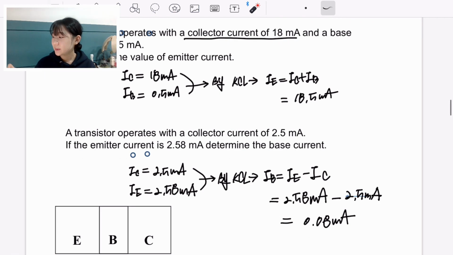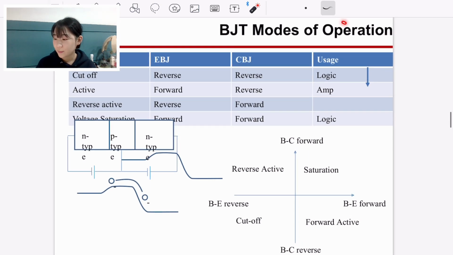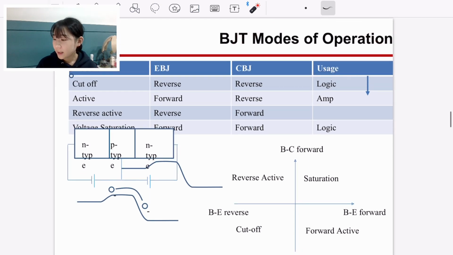And this is the BJT mode. As I told before, in active mode, EBJ is forward biased and CBJ is reverse biased, and it can be used by amplifier. And if we give reverse bias in EBJ and reverse bias in CBJ, then this is the cutoff mode.